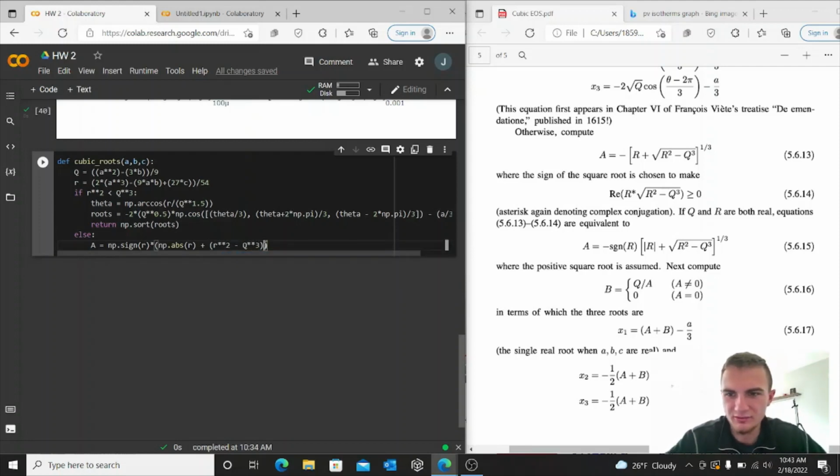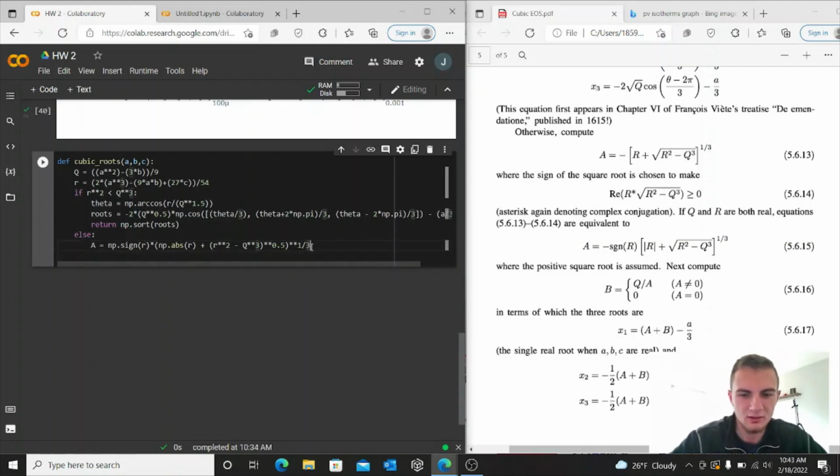Okay, this will be to the 1/2 power, so we will raise this to 0.5, and then this entire expression will be raised to the 1 divided by 3 power. Okay, so it looks like we match up there, so it looks like we're good.